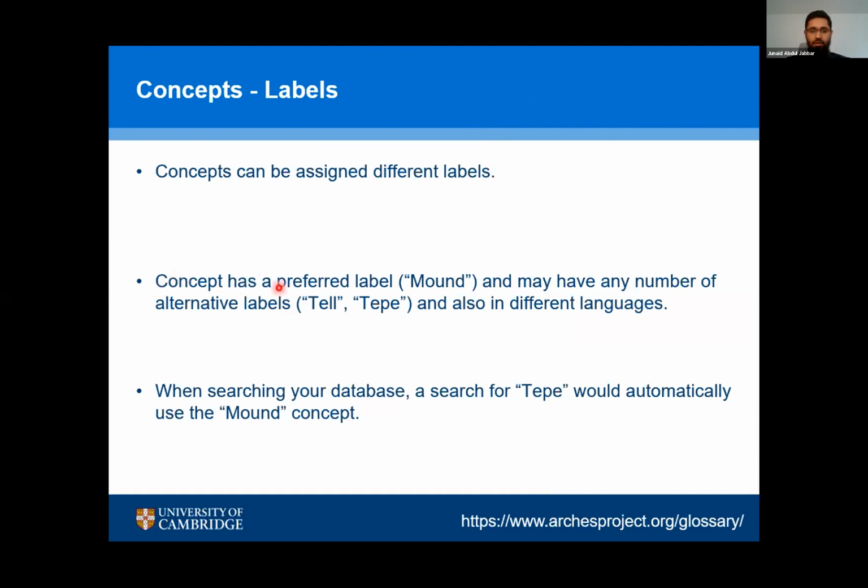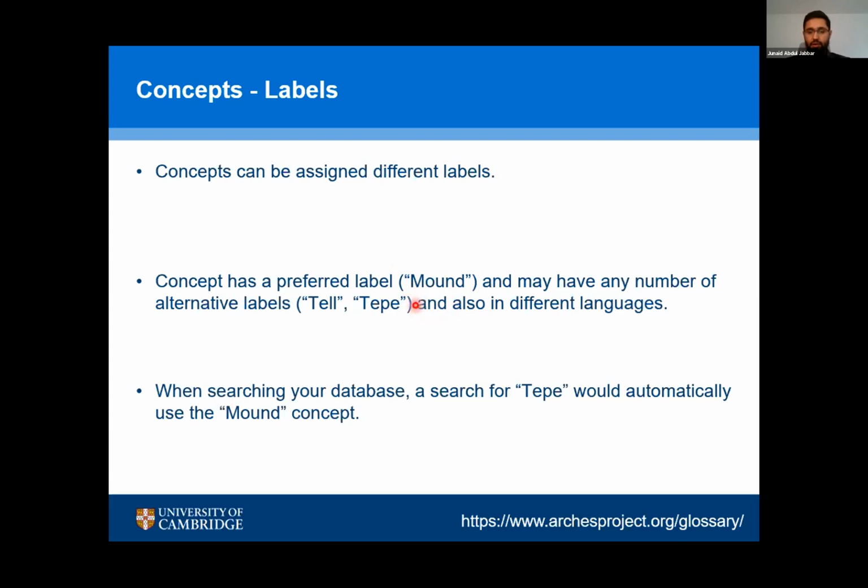So if we have a concept of mound, we can associate different alternate labels with it. For example, we can say a mound is also known as tell, or a mound is also known as tepe, or there could be other terms associated with mound. For example, mound can have a specific term available in the French language or any other language. So our Arches platform allows us to define these multiple labels for our terms.